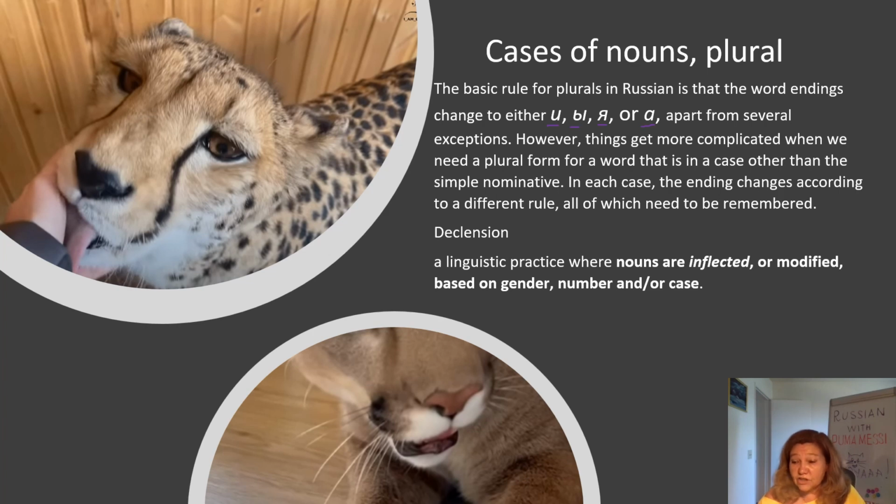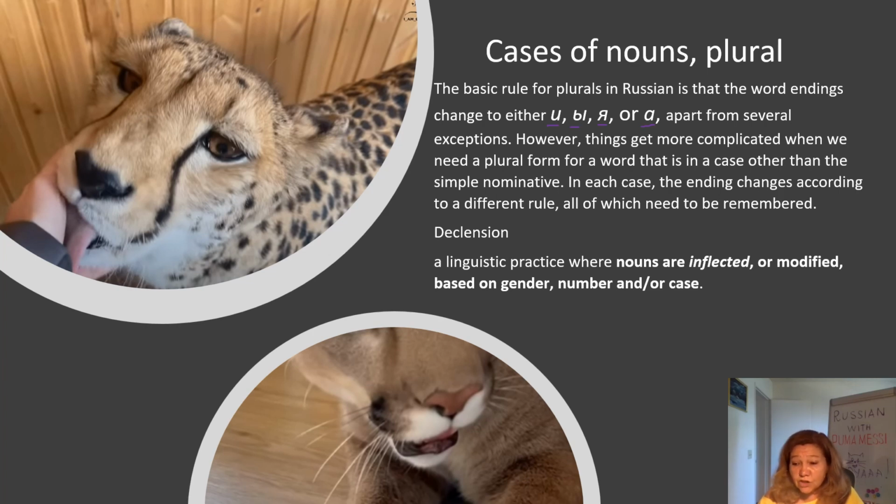For each declension, they try to put up a table with the most common endings for the cases. I am not going to give you that table. If you are very interested in that, then we will go in depth, and I'll refer you to some other sources on the web where you can take a look at those endings in detail.